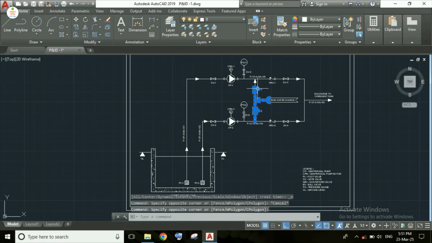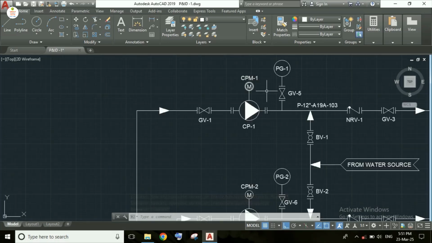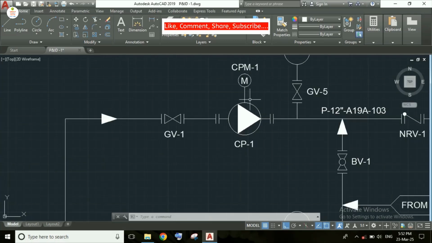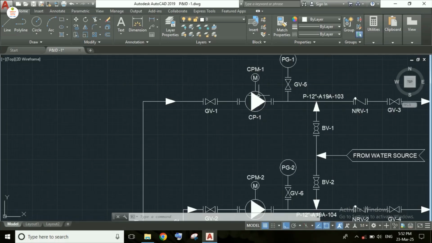In some pumps we use manual priming. Centrifugal pumps are not self priming; these are not self priming pumps which we are using here. So in some pumps, there is a hole or piping arrangement from where we can prime the centrifugal pump casing and suction line.